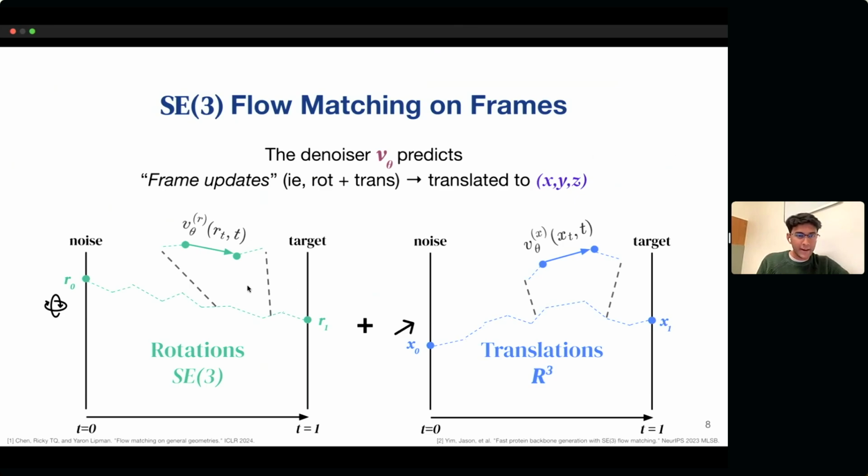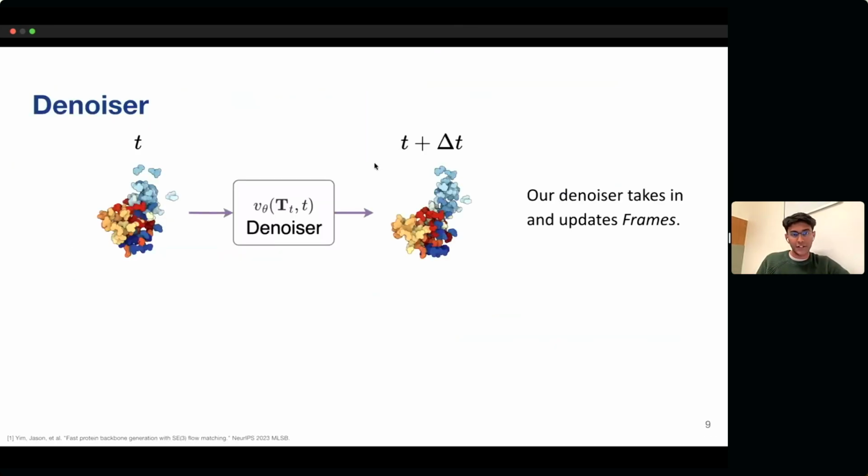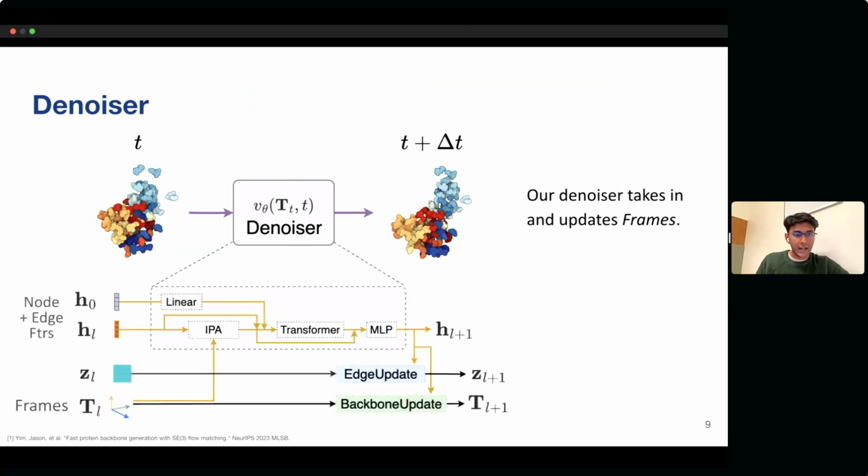In this step where we're denoising or updating the frames, it passes through this neural network, the denoiser neural network. Between any two intermediate states, we pass it through this denoiser multiple times, and you can think of it as a refinement of frames. This denoiser that performs these updates is based on the AlphaFold 2 structure module.